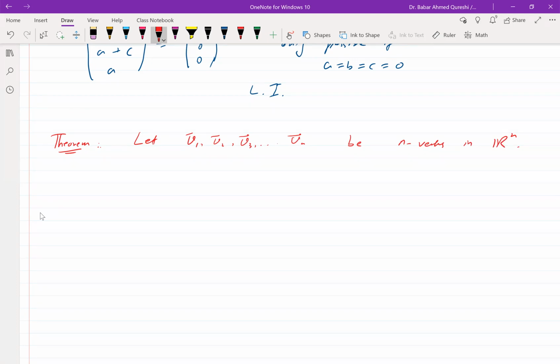You have the Rn space, and from that, you're picking exactly n vectors. Then construct this matrix. You can recall that I can make a matrix by collecting the columns. Since each vector here is an element of Rn, they are n-component vectors. So I've collected n vectors, each one of them having n components. So this is an n by n matrix.